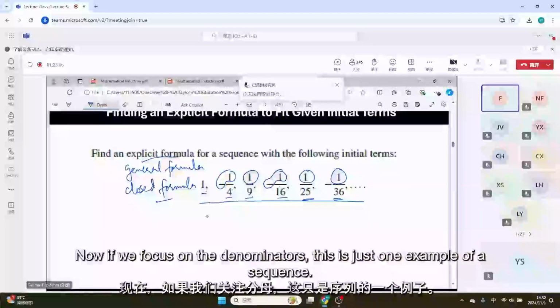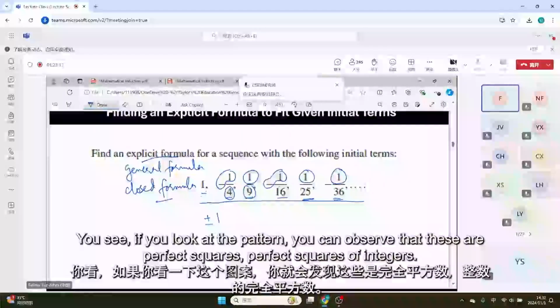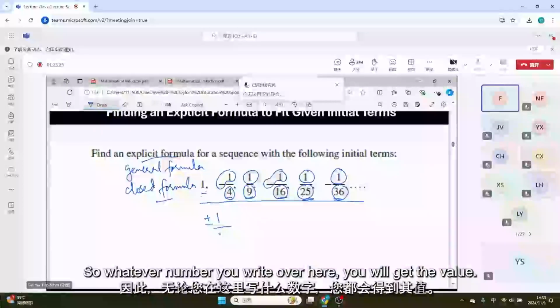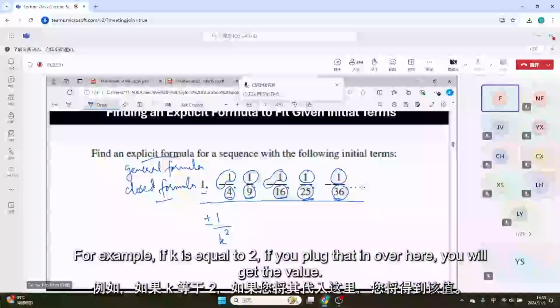Now if we focus on the denominators, this is just one example of a sequence. Okay, if you look at the pattern, you can observe that these are perfect squares of integers. Okay, so you can write them down as k square.